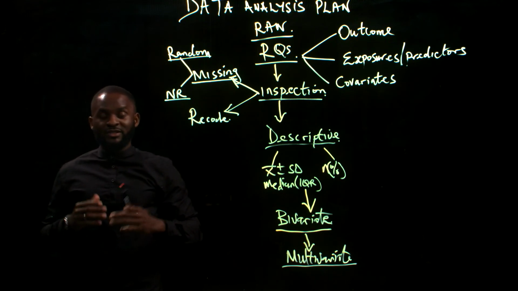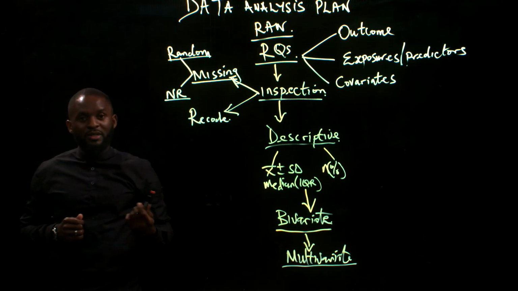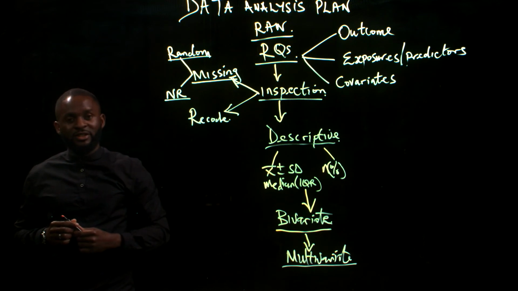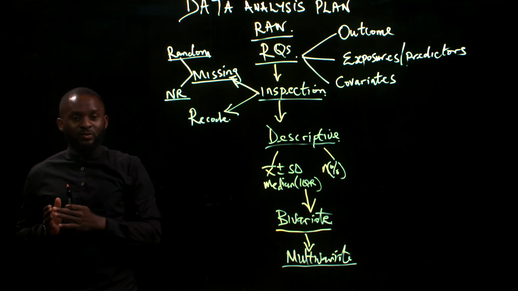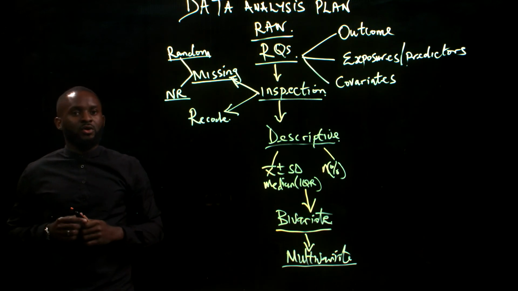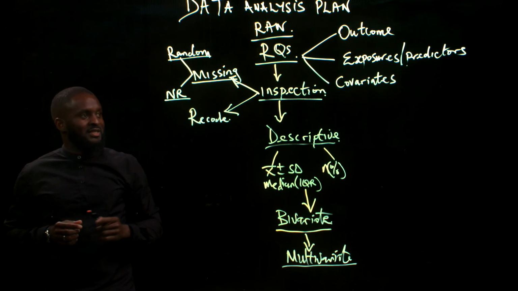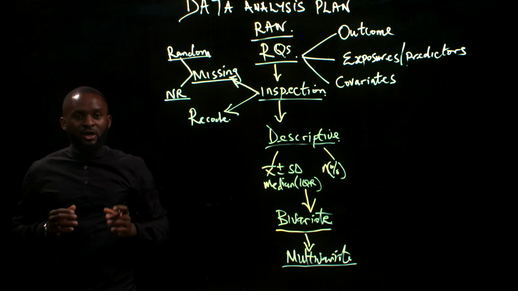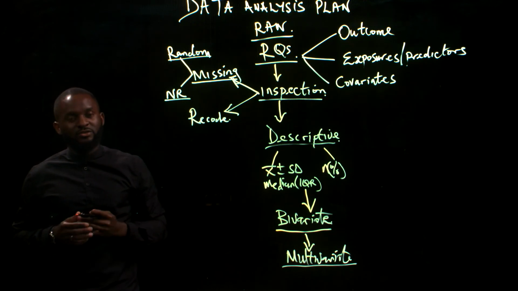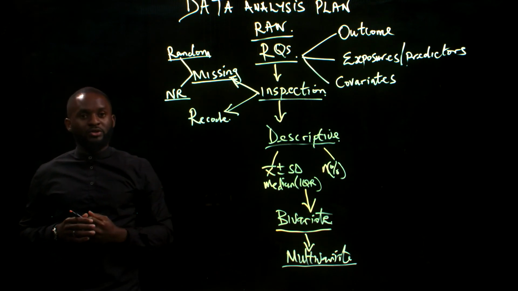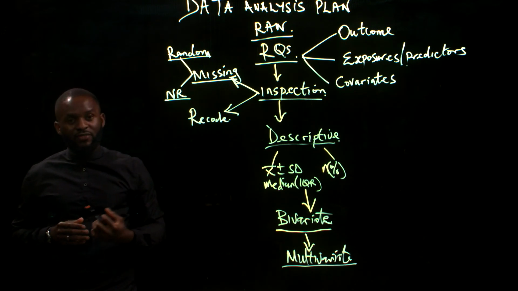If your outcome is a categorical variable, you might be leaning towards a logistic regression. If your outcome is an ordinal variable, in terms of agreement, which has a certain order, you can use ordinal regression. Now, this is just a summary of a quick data analysis plan to go through if you're given secondary data and you want to approach your analysis, maybe for your thesis.